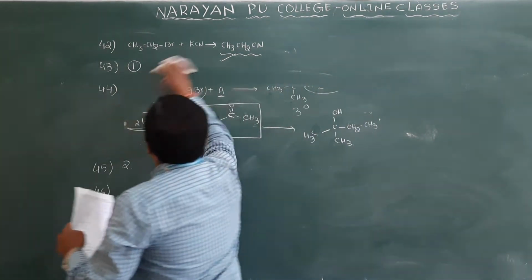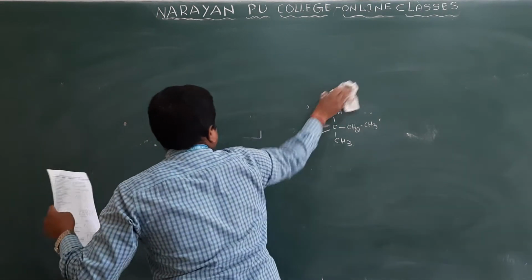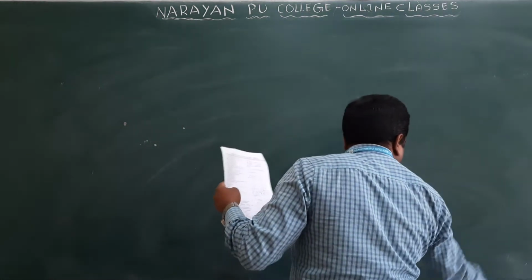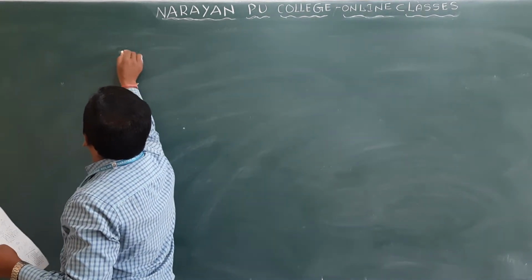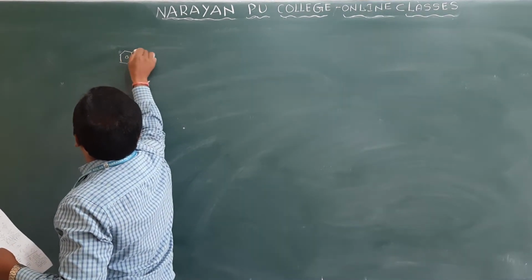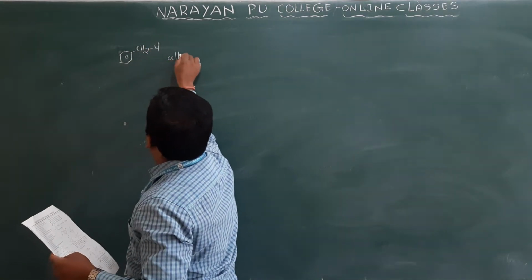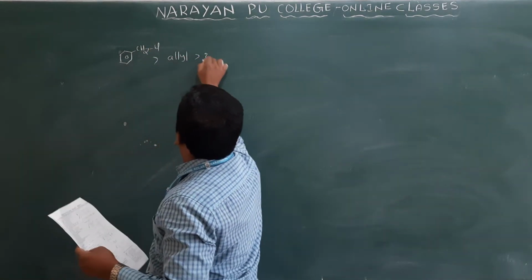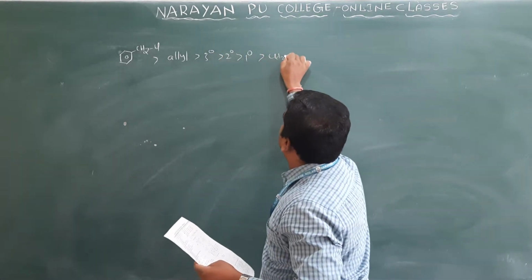So what is the order you already know? Benzyl first, next is allyl. Benzyl halides are more reactive than allyl halides. Next is tertiary, secondary, primary, and CH3Cl.